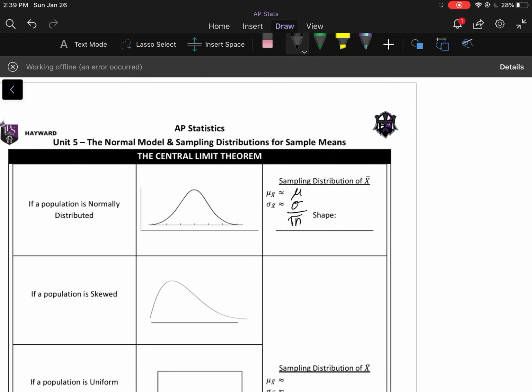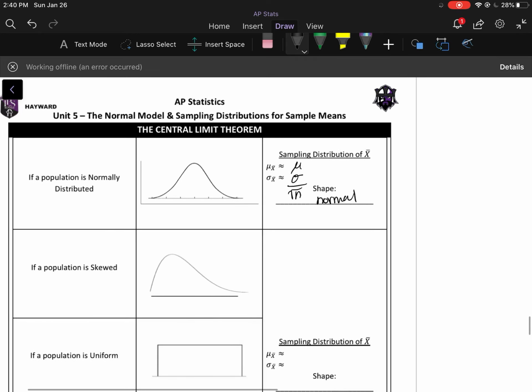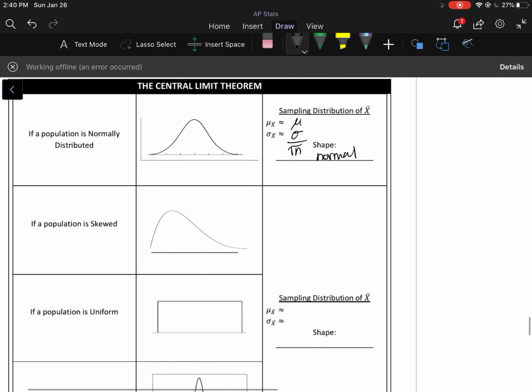Think back to when we did the crazy in love activity. Every single time y'all calculated a dot, that was a sample mean, right? You're taking individual means every single time. And then we created a distribution with the dots, so that was a sampling distribution. We also know that the shape is going to be normal, because if you have a normal population, your sampling distribution will also become normal after infinitely many times.